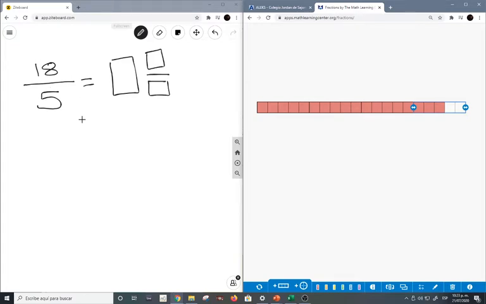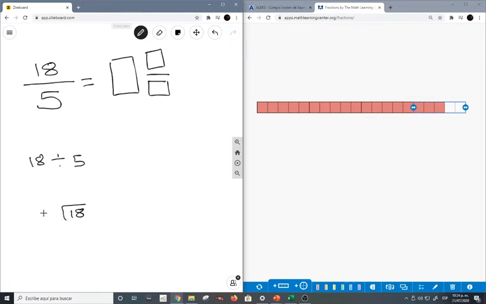Okay, so in order to transform this to a mixed number, we have to make the division of the numerator divided by the denominator, which can be done in this way. 18 divided by 5. How many times is 5 in 18?